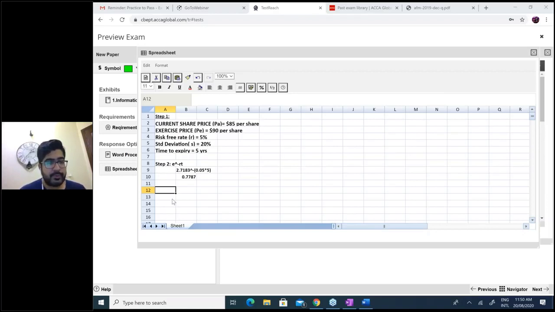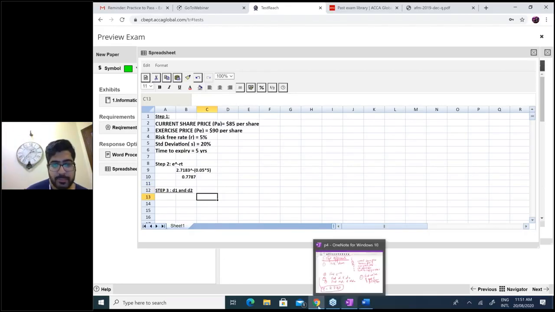Then step 3. It's D1 and D2. Okay. Now for D1 and D2, you can use the formula.